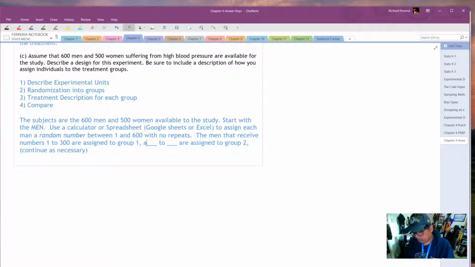And there's only 2 groups, so let's see, 301 to 600 are going to be assigned to group 2. Continue as necessary. Well, we don't have to continue. Okay. For now, we have to repeat this for the women.